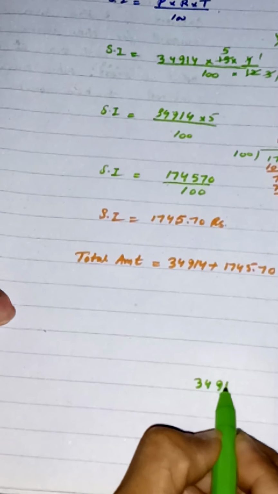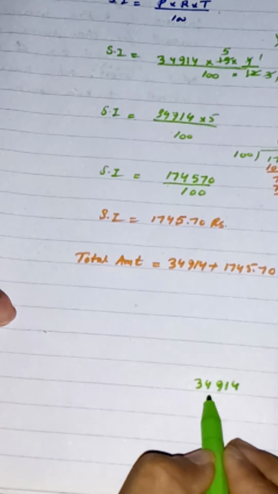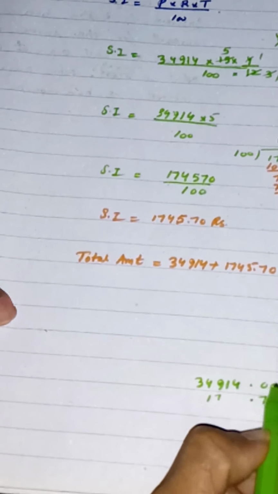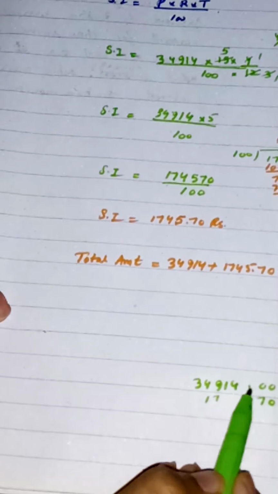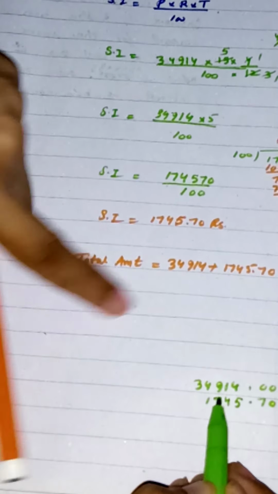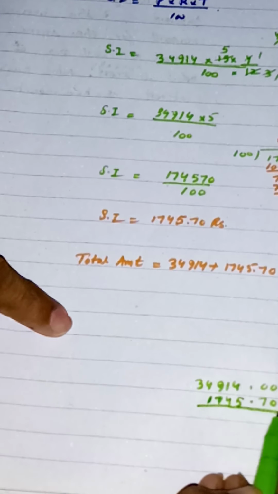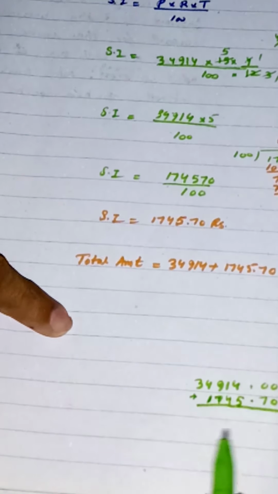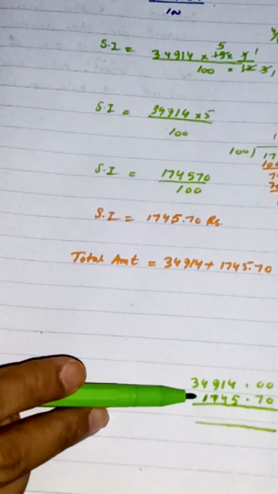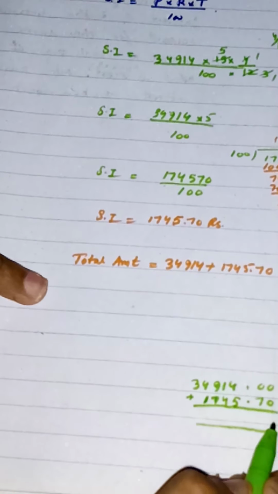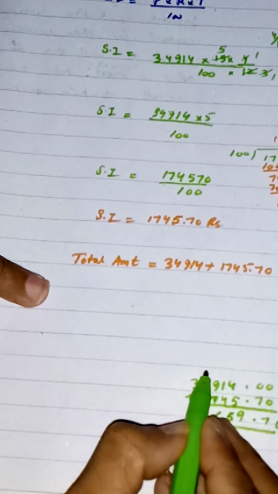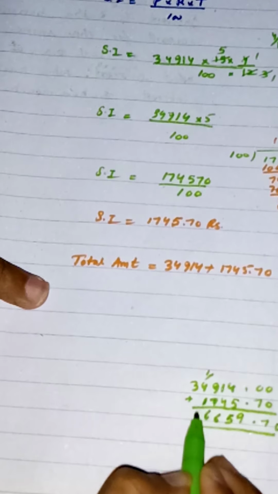34,914 plus 1745.70. Because we find out the total amount of 2 years and 4 months interest, add them: 4 plus 0 is 4, 1 plus 7 is 8, 9 plus 5 is 14, and so on.